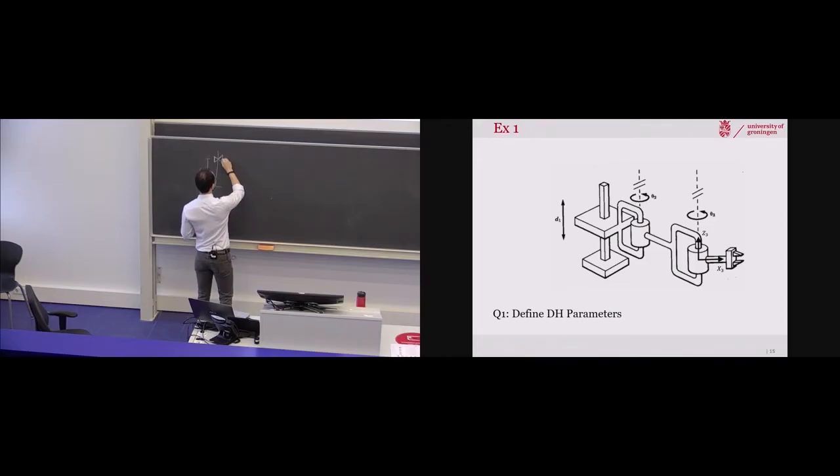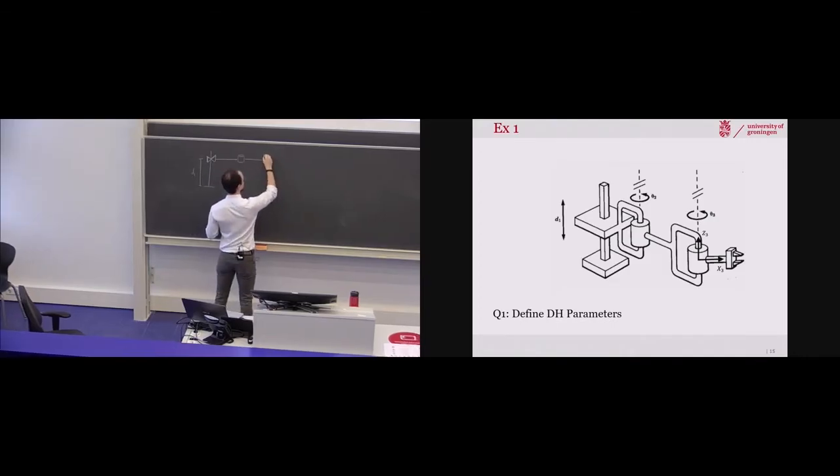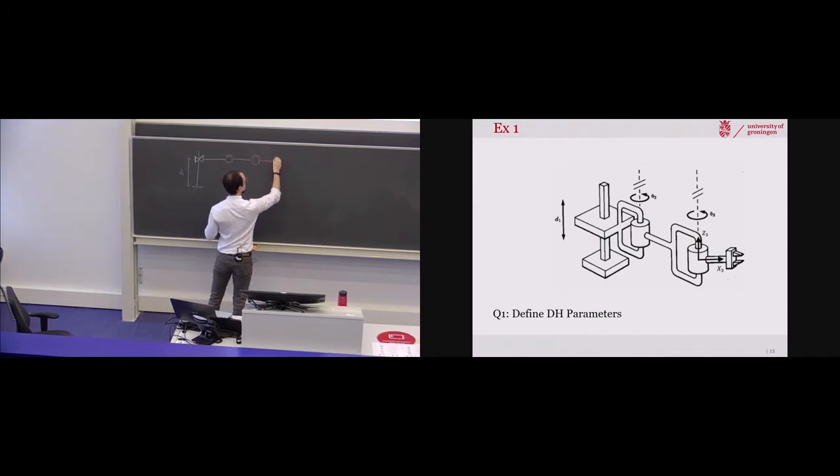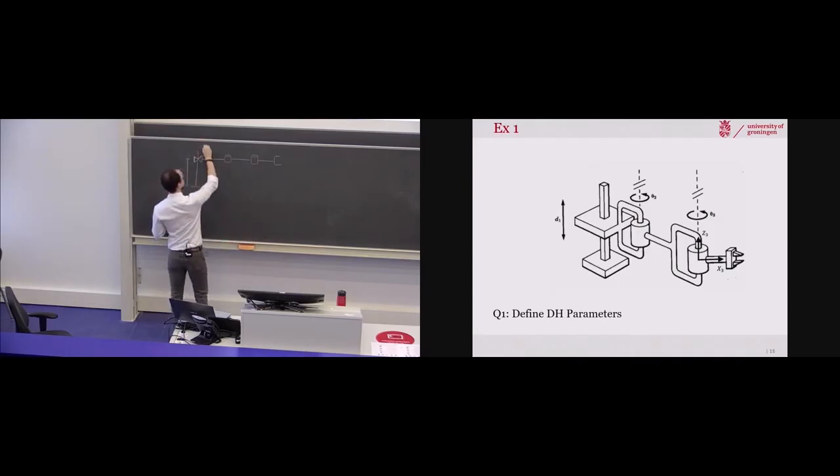Then you have a revolute joint over here, and then you have another revolute joint, and then finally the end-effector. Okay? Now this one is A1 and this one is A2. Okay? And that's basically it.